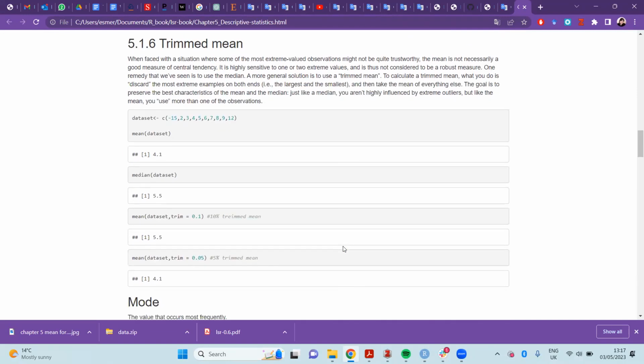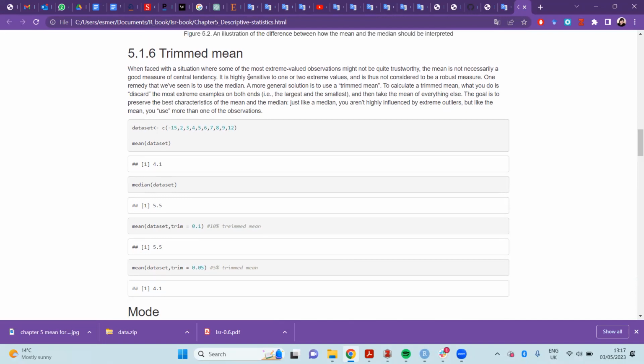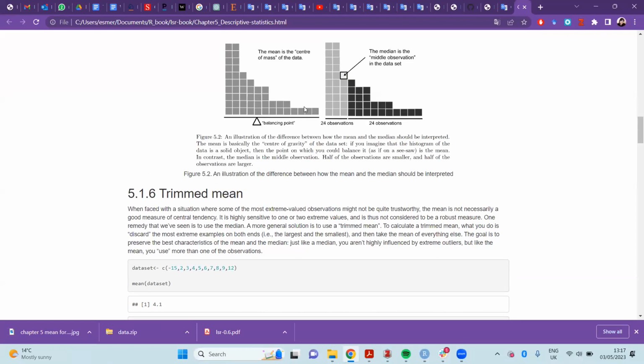Yeah, the next thing the book is presenting is a concept called trimmed mean, which means cutting these extreme values that affect the mean value.